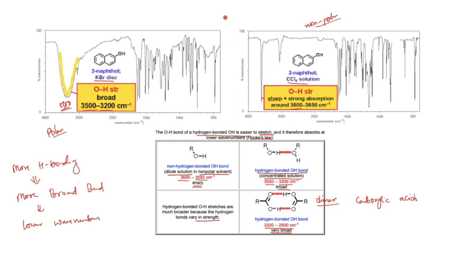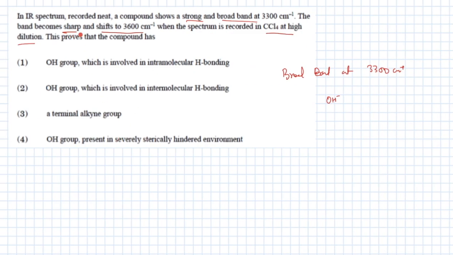Now let's get back to the question, where it was given that you were having a broad band, but the band became sharp and shifted to a higher value when recording in high dilution. That means you are diluting it. So what are you removing now? Obviously the molecule has an OH group, and you are removing the intermolecular hydrogen bonding which was there earlier.